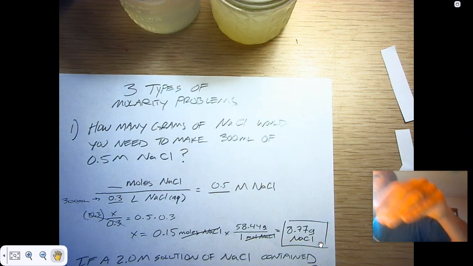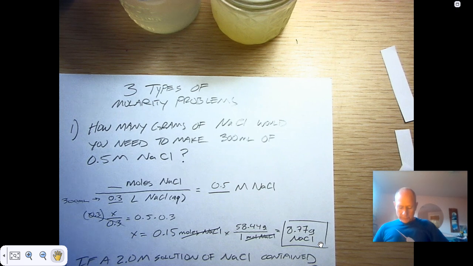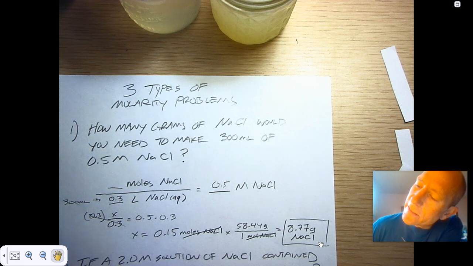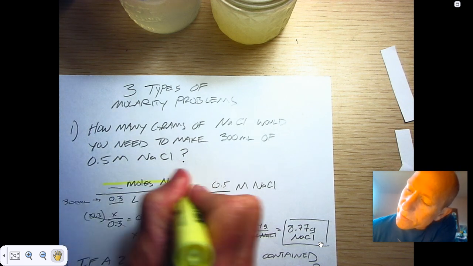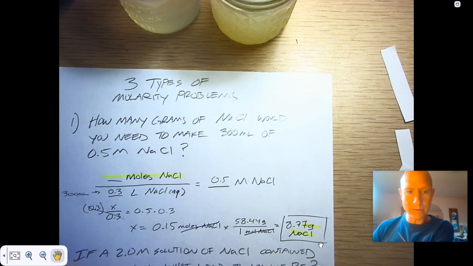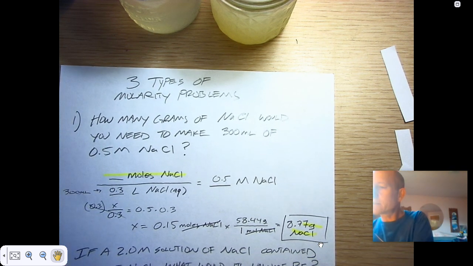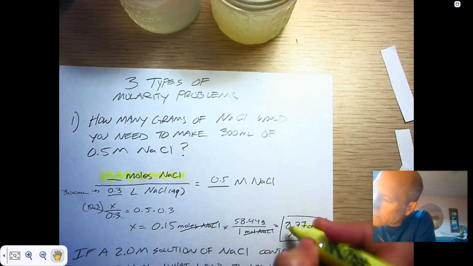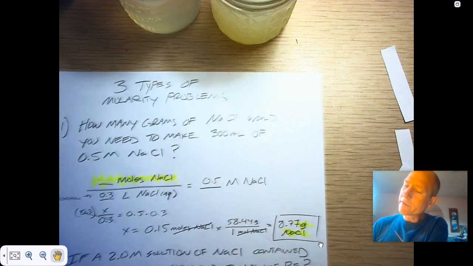Third type of problem. In the first type of problem, we needed to solve for moles of sodium chloride so that we could get grams of sodium chloride. You guys can't see that too good, can you? Moles of sodium chloride, so we could figure out the grams of sodium chloride.